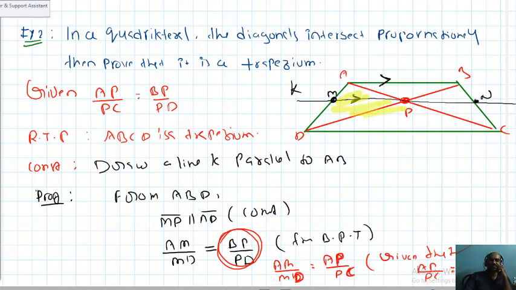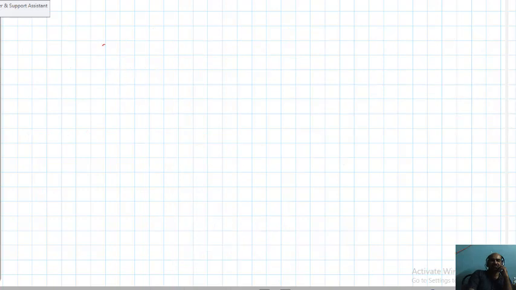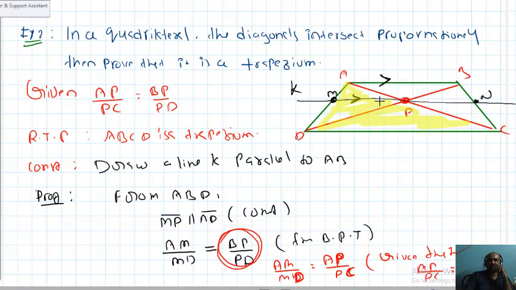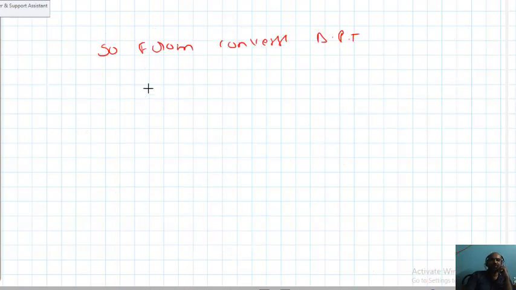From triangle ADC, in this triangle, what I got: AM by MD equal to AP by PC, means from converse of BPT, I can say that MP is parallel to DC. Directly I will write MP parallel to DC. This is result number 1.